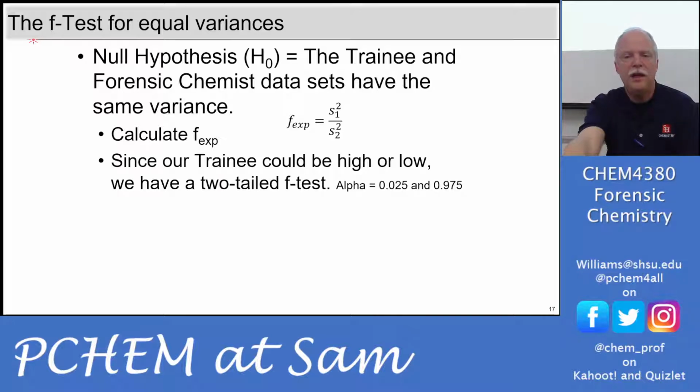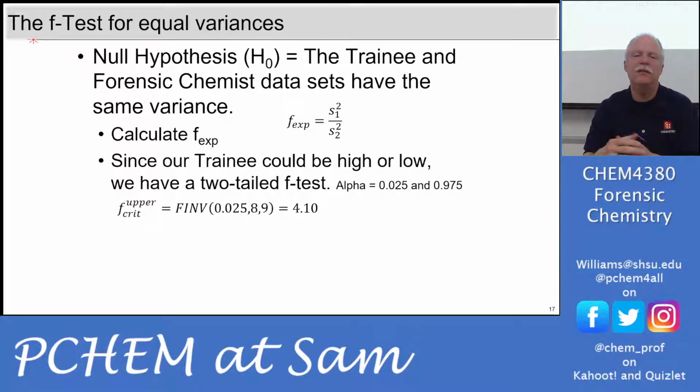and take the ratio. Now our trainee can be high or low, so we have a two-tailed F test. So the low value will be 0.025, the high value will be 0.975. See how that's 2.5 from 100? And so we could test if it's above that value or below that value.